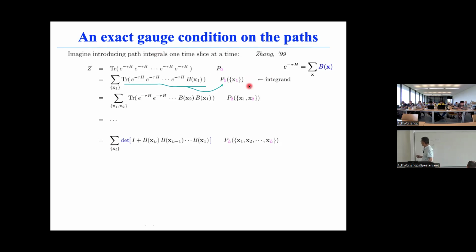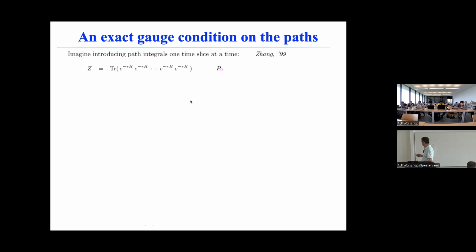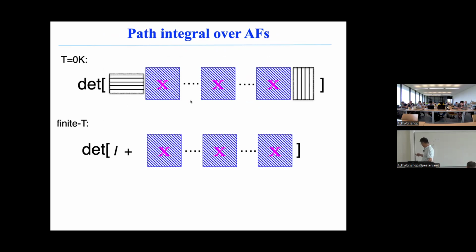So the little x's always have a time index. On the previous page, this capital X denotes all of them. It's a vector of x1, x2, all the way to xL. There are L time slices.